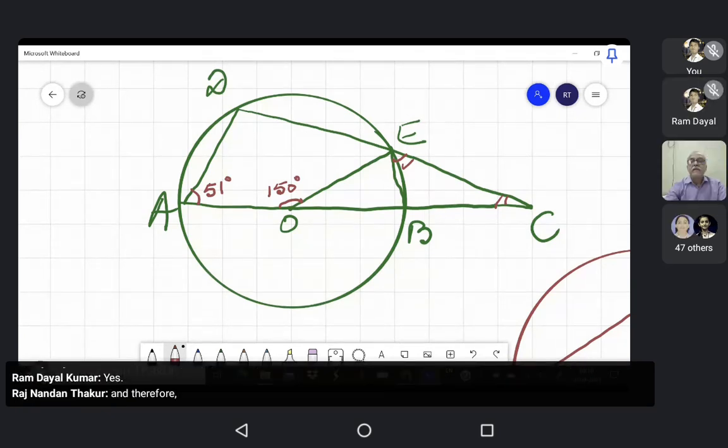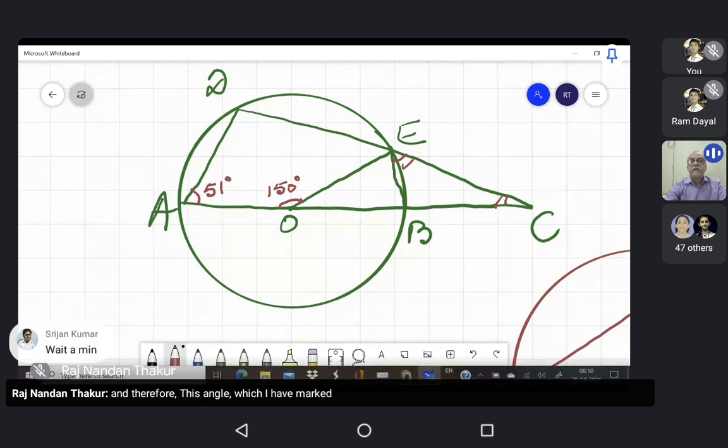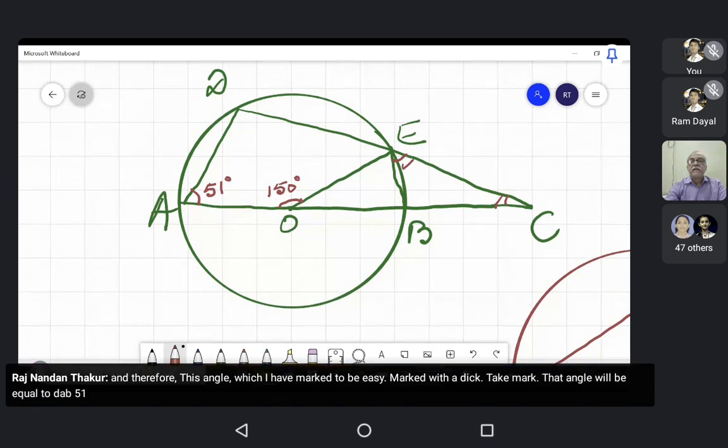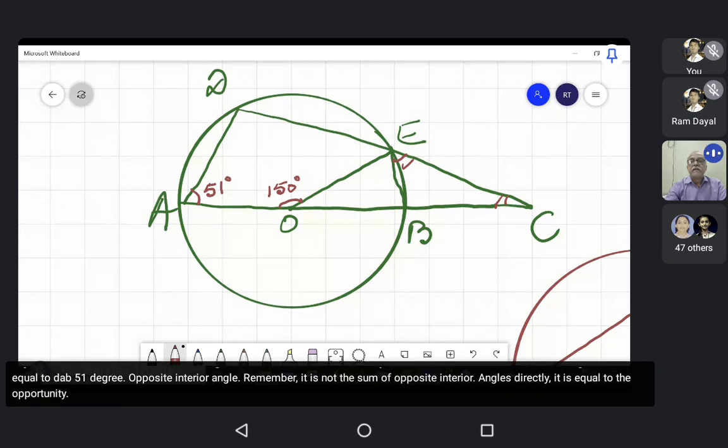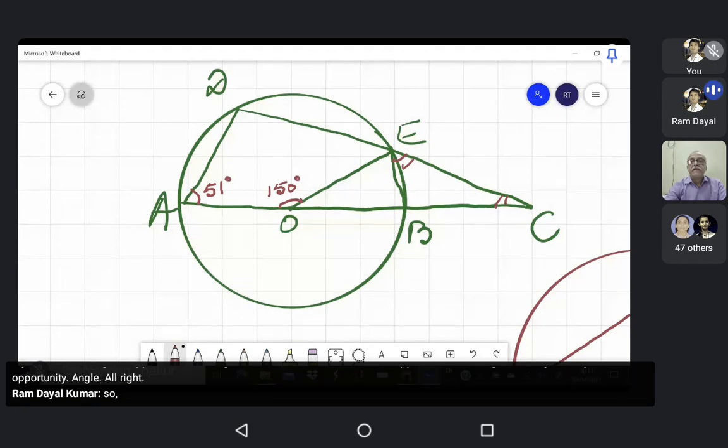And therefore this angle which I have marked, BEC, marked with a tick mark, will be equal to DAB, 51 degree. Remember, it is not the sum of opposite interior angles. Directly it is equal to the opposite interior angle. Sir, I may not understand the second one.